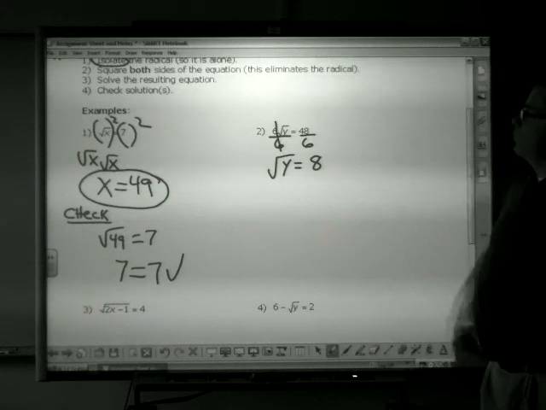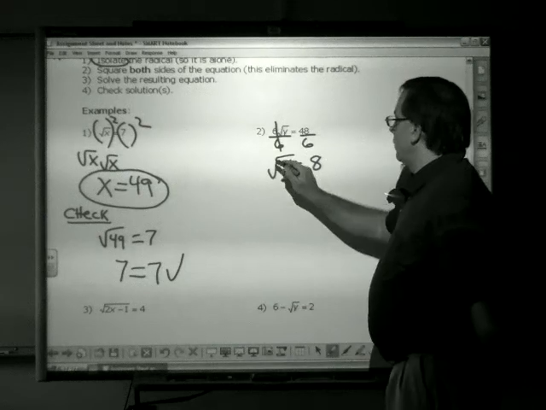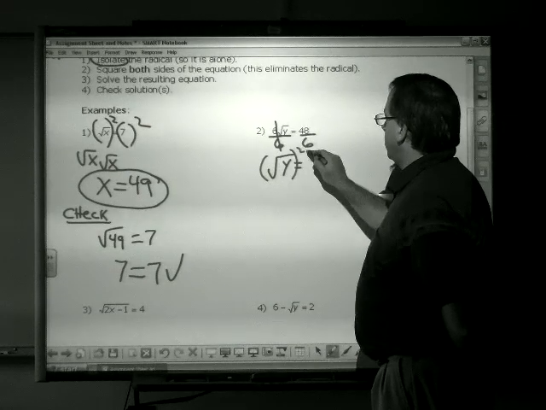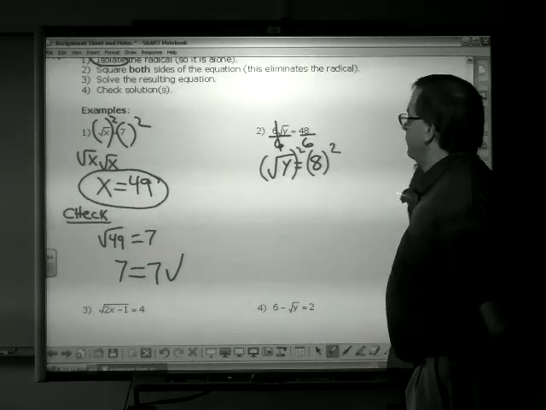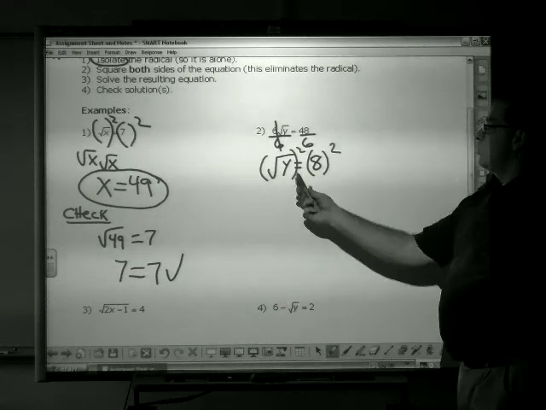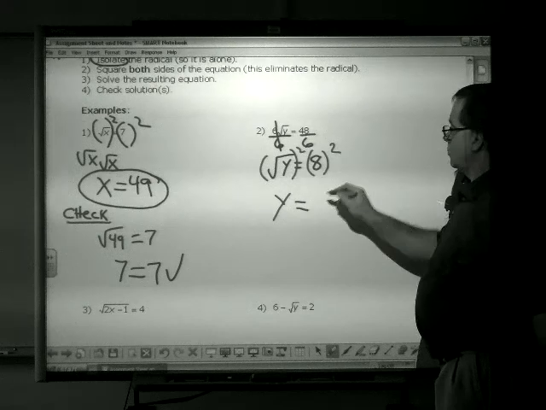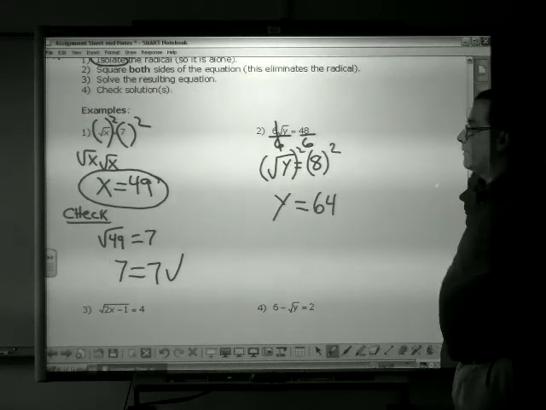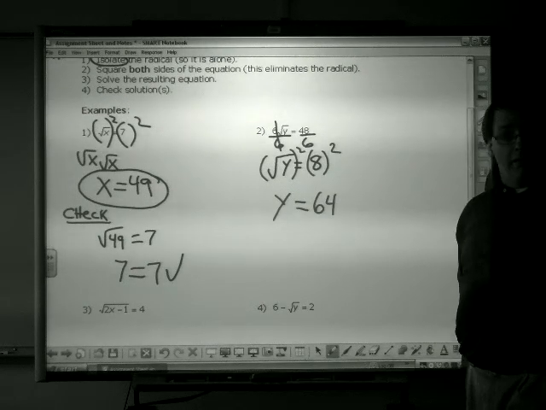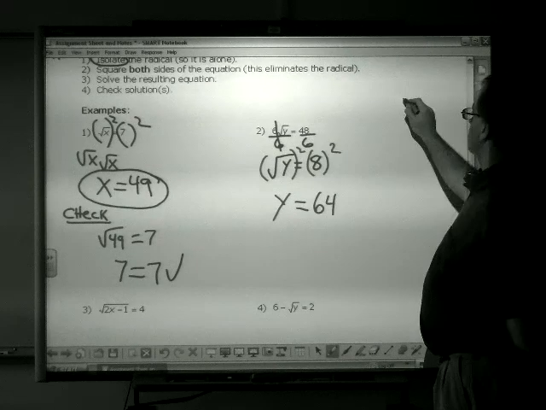Step 2, square both sides. So I'm going to take this, square it, take this, square it. The square root of anything squared is the anything. 8 squared is 64. Now that looks like an answer, but I'm going to check it by writing the original again. So here's my check.